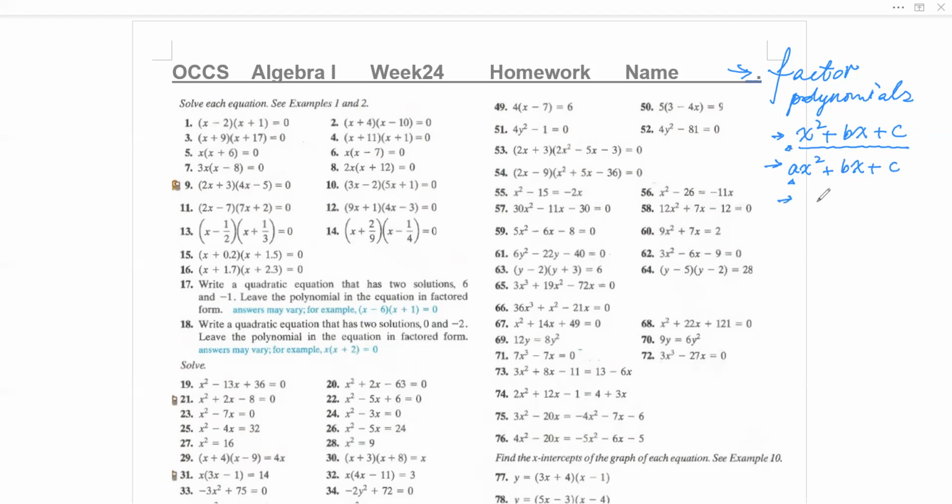And we also have some special products, how to factor these kinds of trinomials and these kinds of 2 terms. Actually, these 2 terms are missing the middle term, right?